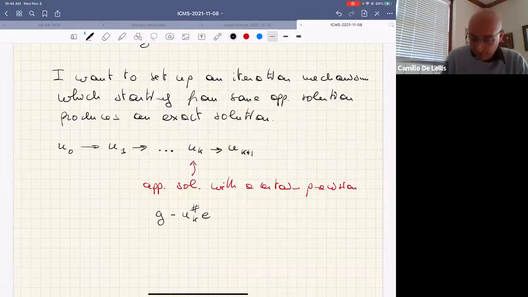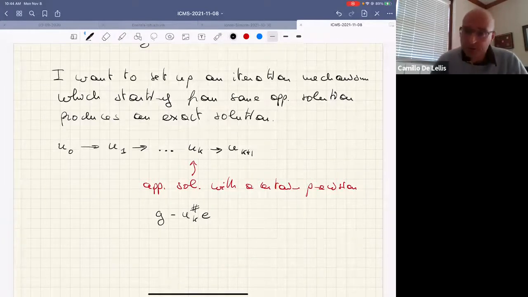This is equal to 0 if I have an isometric embedding, but I'm assuming that I'm not, so this one will be sufficiently small.